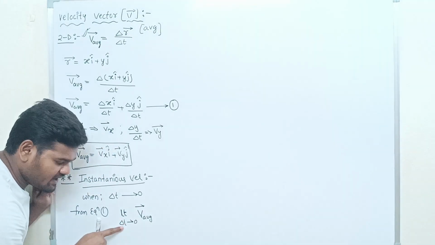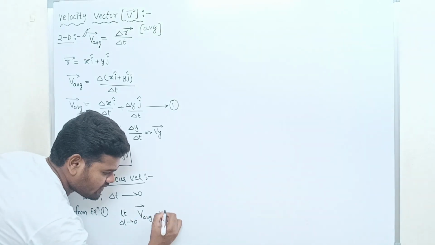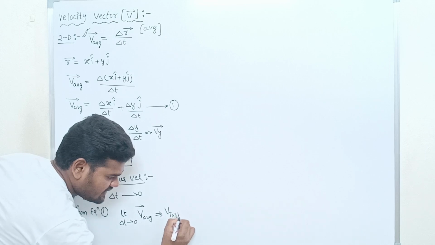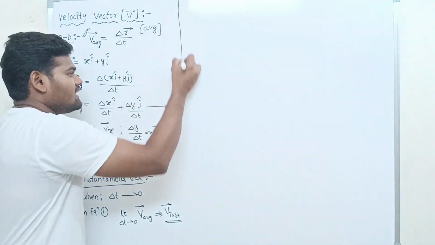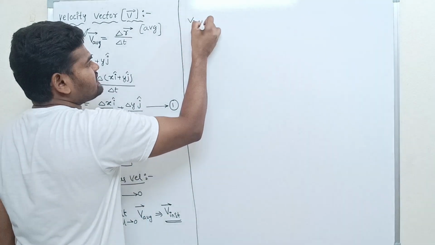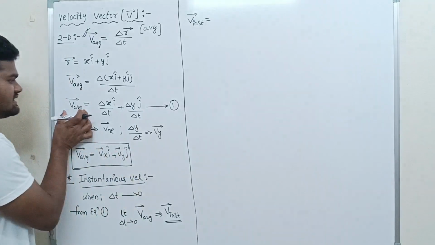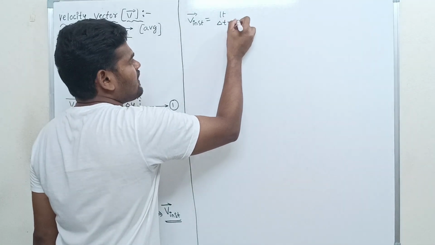Whenever the time is very small, this term becomes the instantaneous velocity. So now we can write equation 1 as V instantaneous is equal to, just apply limit delta t tends to 0 on either side.